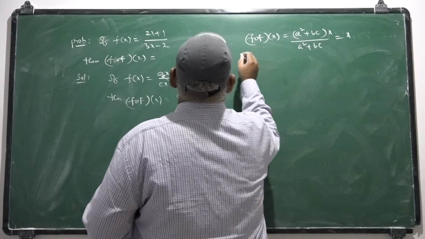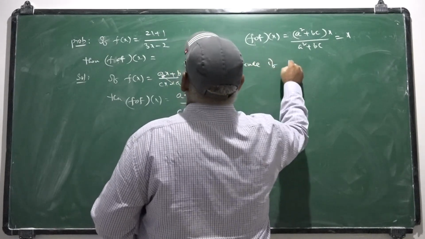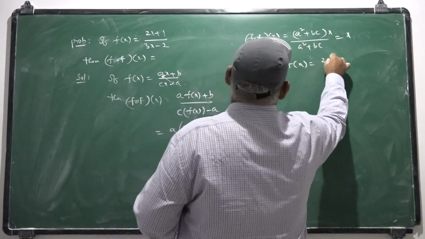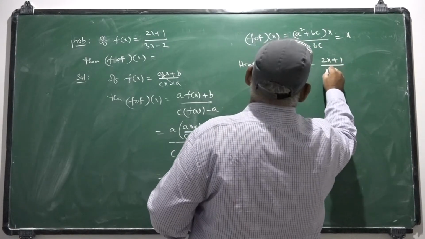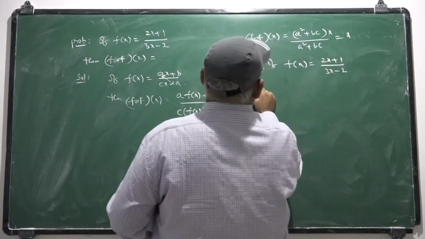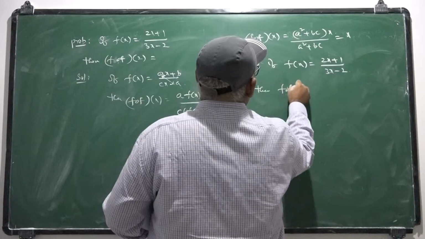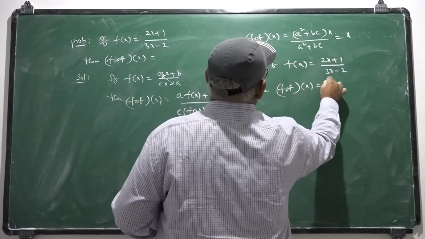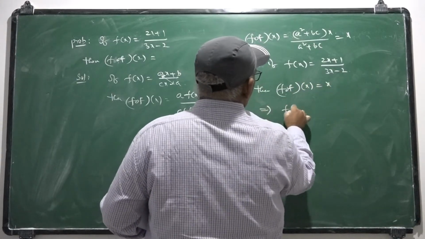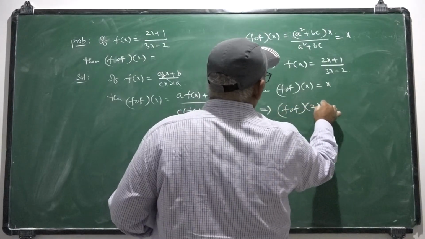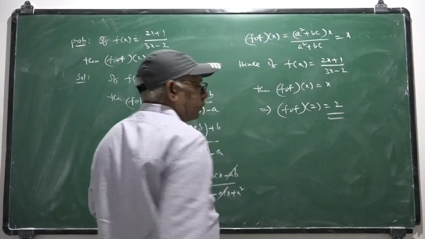Hence, if f(x) equal to 2x plus 1 by 3x minus 2, then f circle f of x is x. That implies f circle f of 2 is 2 itself.